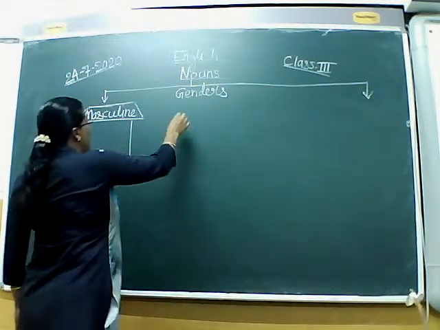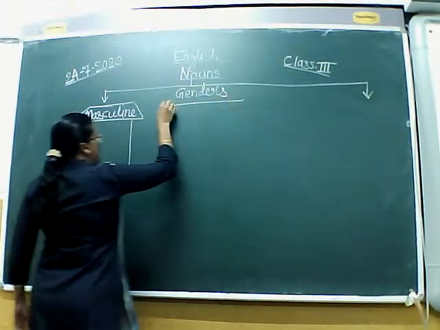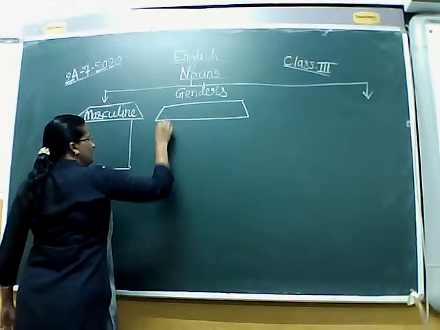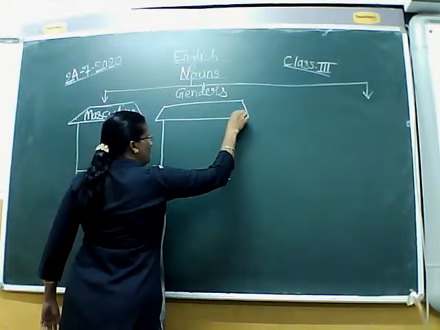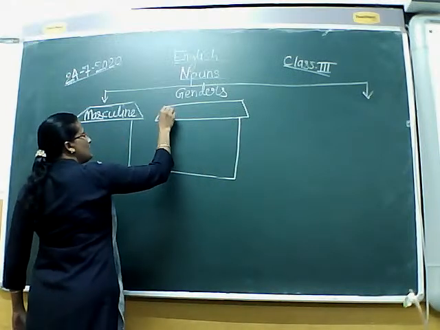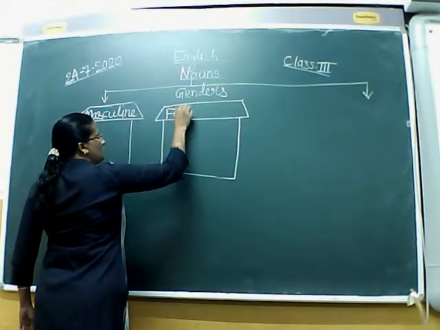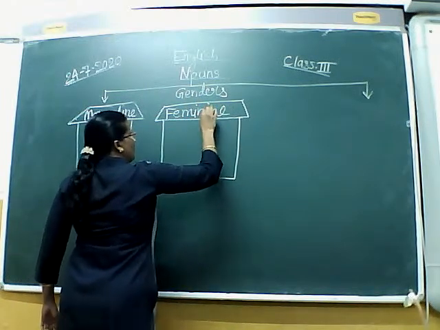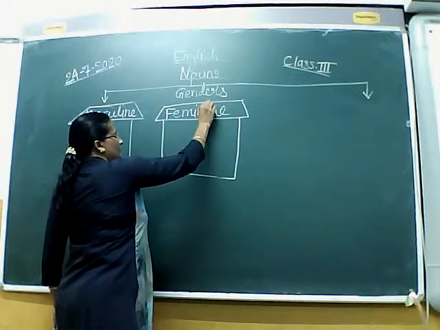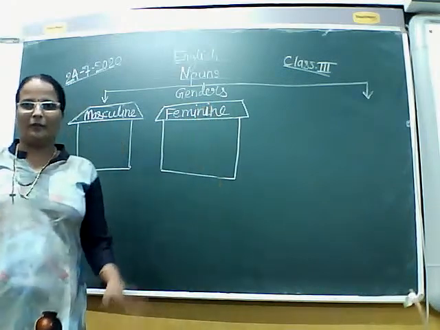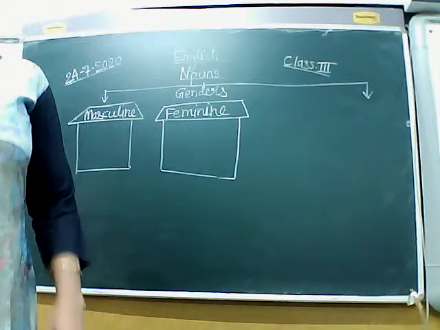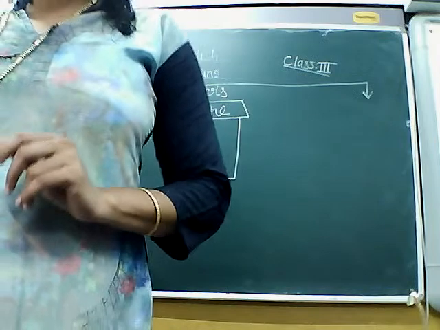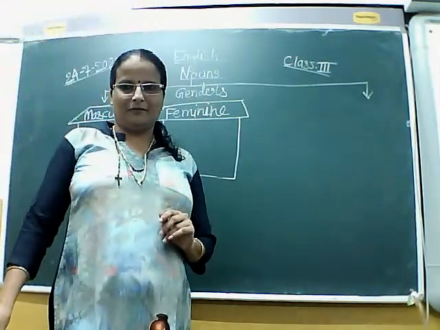We made the first house and the second house is here. Here also we are going to add some nouns, and the name of this house is feminine. So we made 2 houses. The first house is masculine house and the second house is a feminine house.